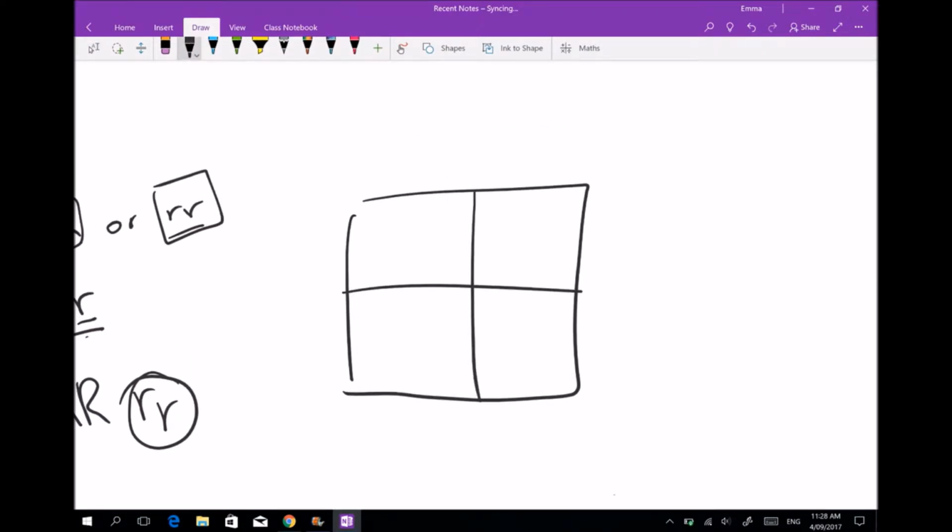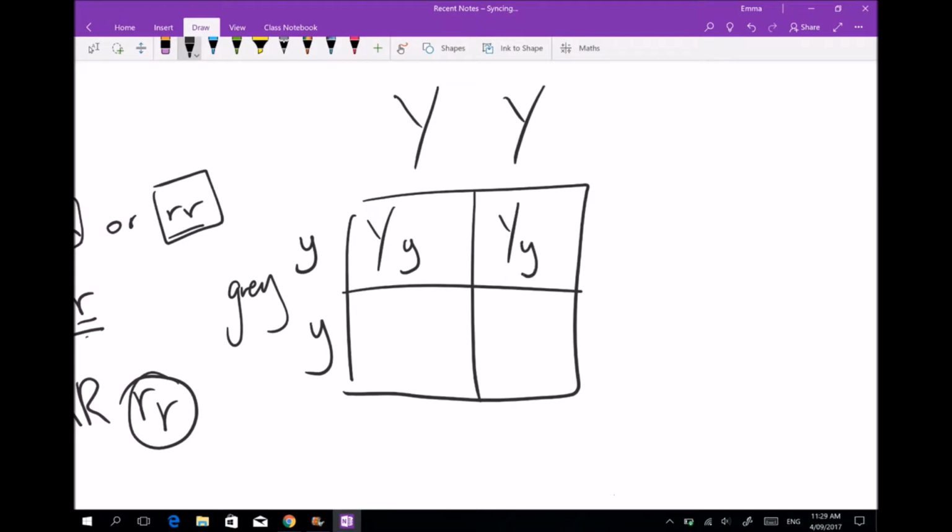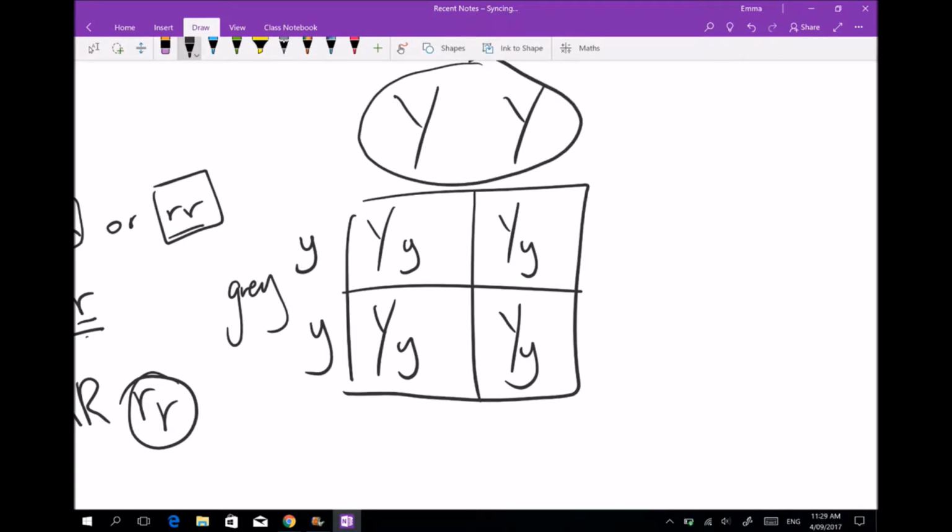So, say the individuals that were surviving were actually homozygous dominant. We would make them in a test cross with an individual that was homozygous recessive. So this would be a grey individual. What we would find, if it was in fact the homozygous dominant individual that was surviving, and we crossed them with a grey individual, all these offspring would die.